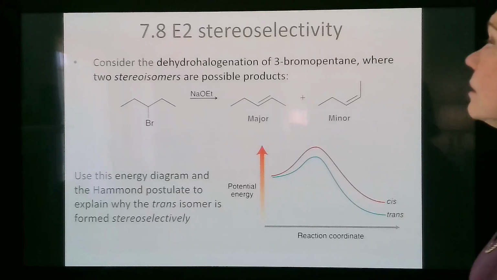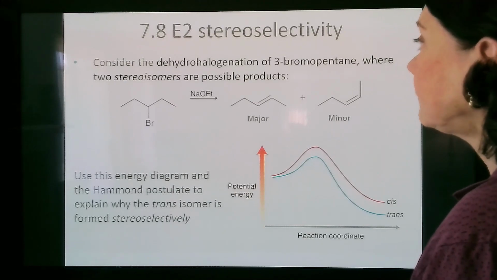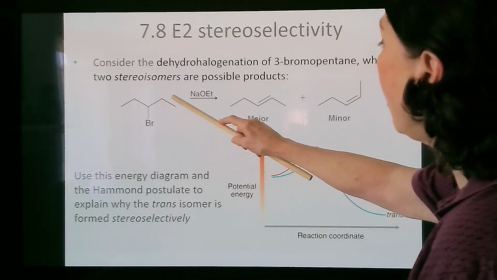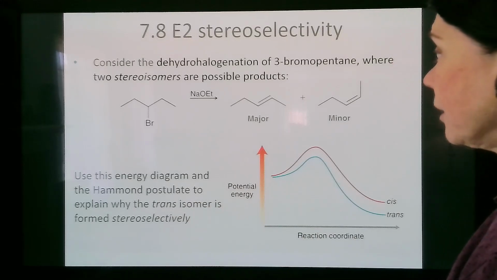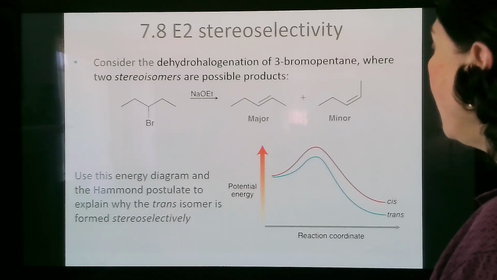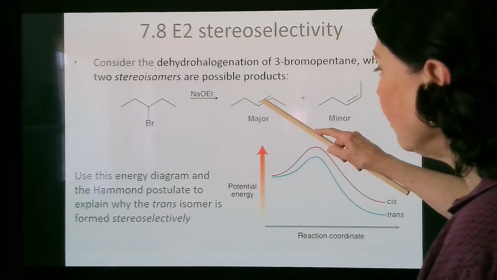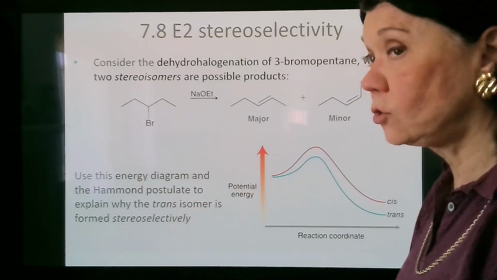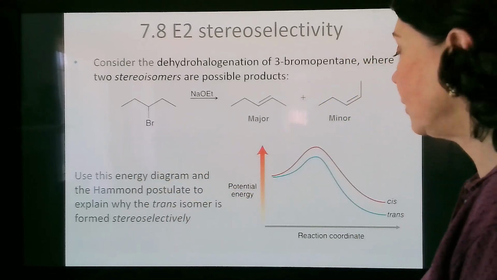So, more on stereoselectivity. Consider the dehydrohalogenation of 3-bromopentane. Two stereoisomers are possible products. So here you can get either the trans or the cis, like you just saw on the previous transparency.